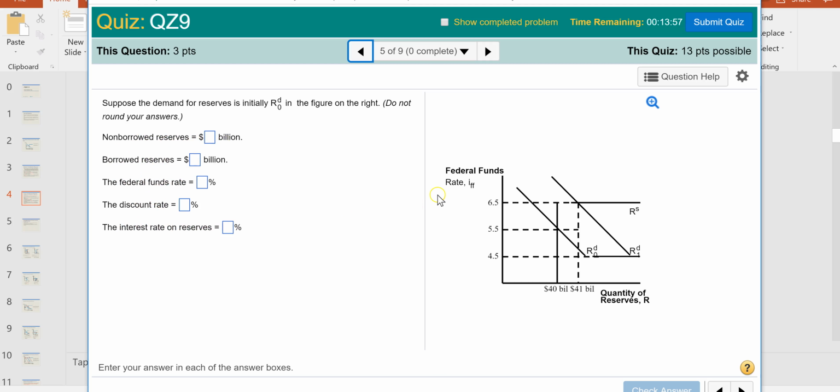So this question basically examines our familiarity with the basic shapes and basic parameters of the demand and supply curves for reserves. We know that the demand curve is downward sloping and then horizontal, and the supply curve is vertical and then horizontal.